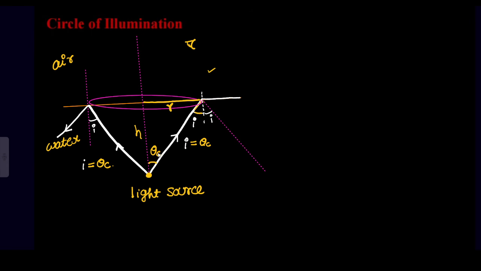Now from this we can get tan theta C. Tell me from the triangle. Tan theta C is equal to R by H. Then R is equal to what? H into tan theta C. Okay. This is the radius of the circle that will form.